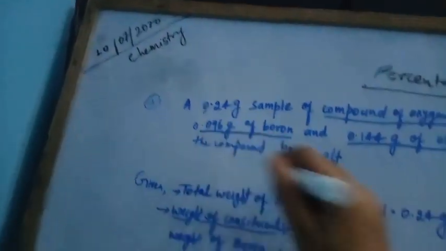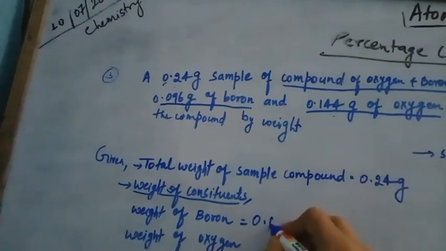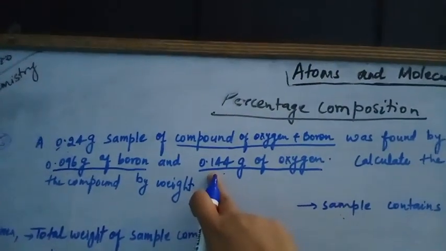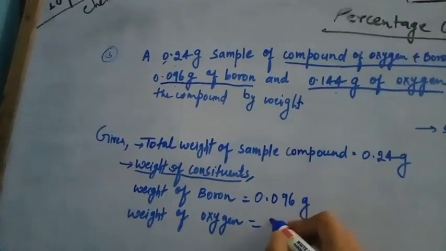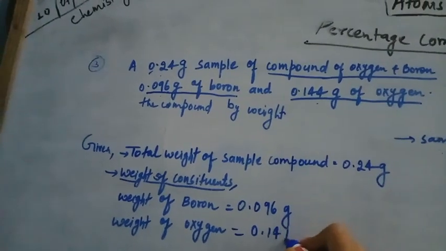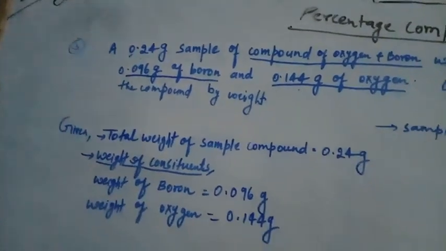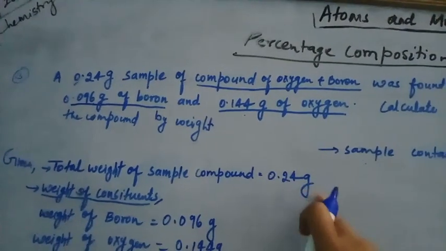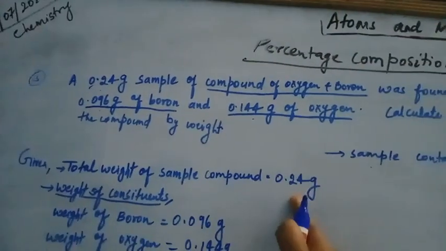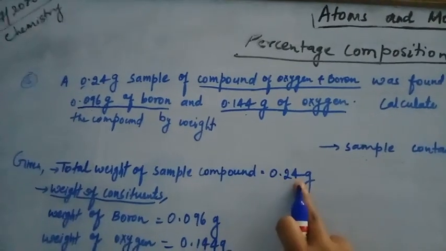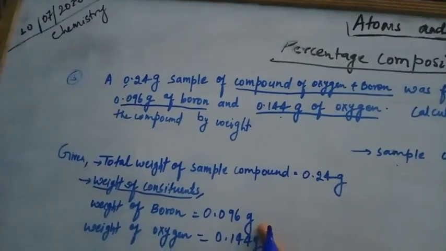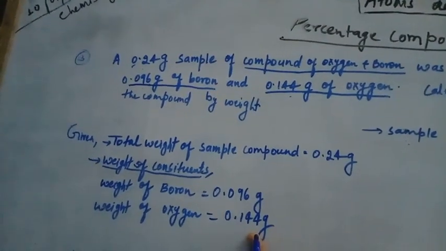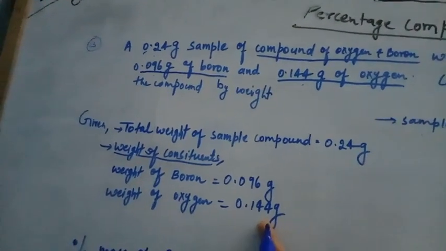It is 0.096 gram. And the weight of oxygen is also given, that is 0.144 gram. Okay, so if you add up, we will get 0.24 gram. So the total weight of the sample is 0.24 gram, out of which the weight of boron is 0.096 gram and the weight of oxygen is 0.144 gram.